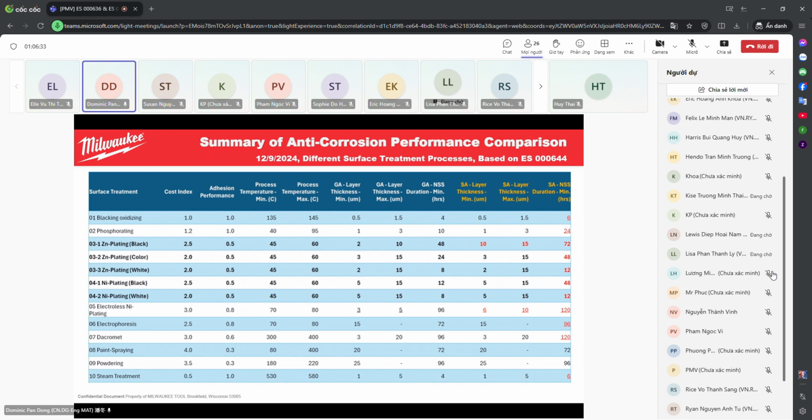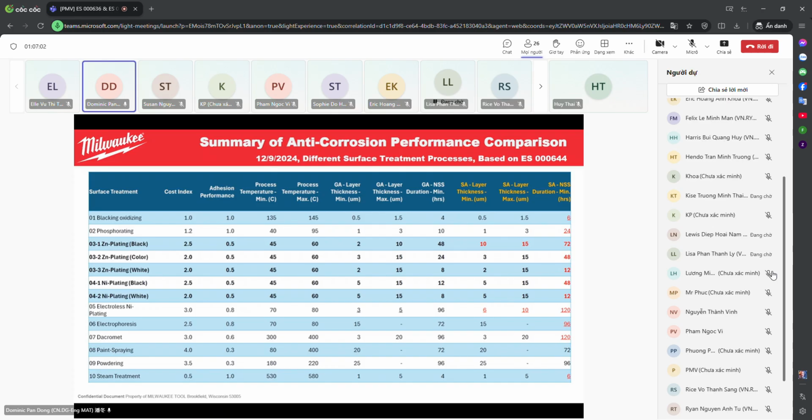Simply, the longer the time, the better the performance. On the right column, we have two best candidates: number 5, electroless nickel plating, and number 7, dichromat plating. Basically, we can get more than 120 hours of neutral salt spray performance.